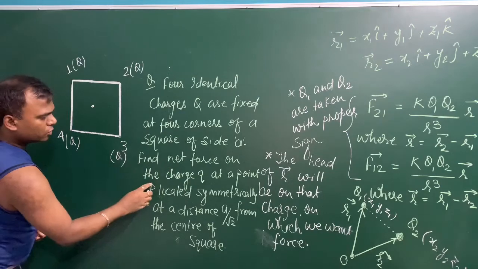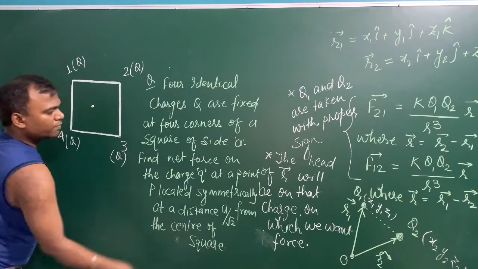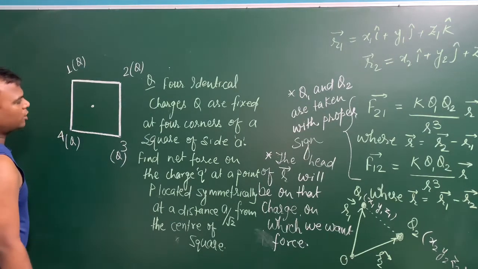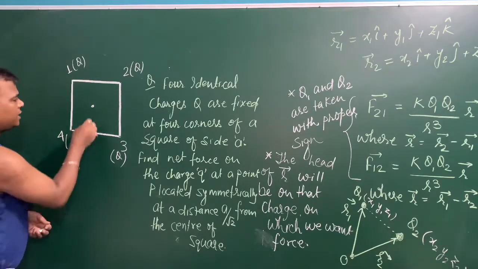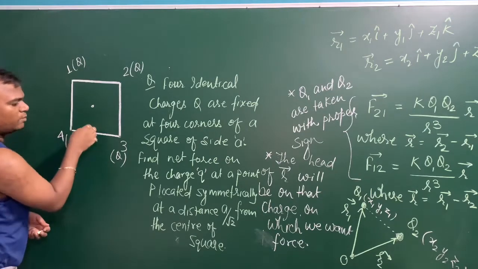Find the net force on a charge small q at a point P located symmetrically at a distance a by root 2 from the square of charges. It means there is a fifth charge which is at a distance of a by root 2 from the center of the square.